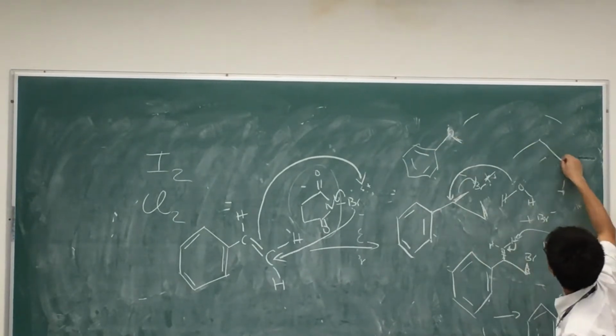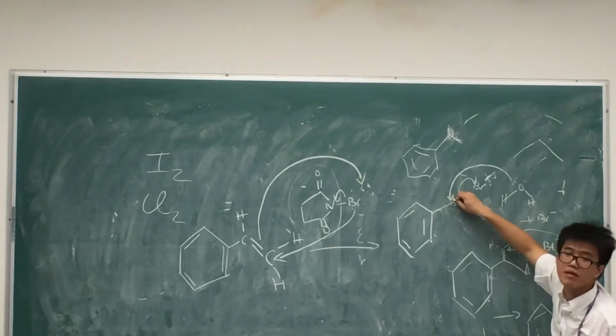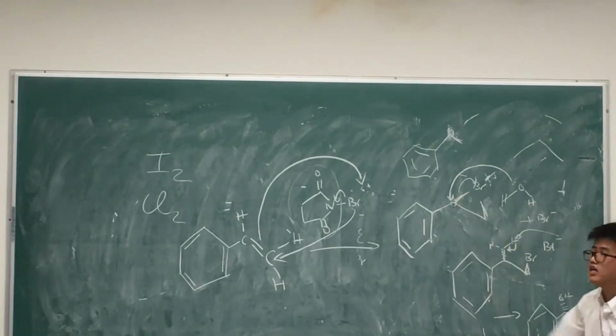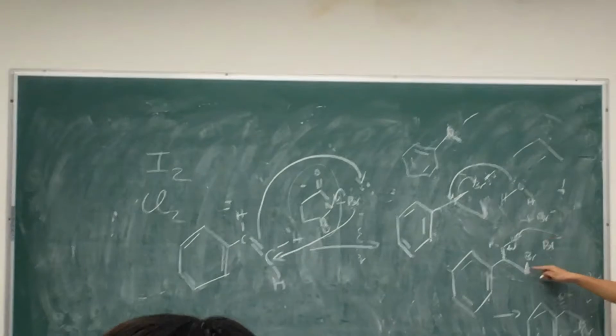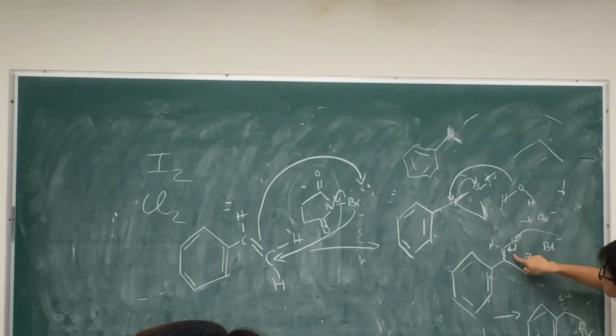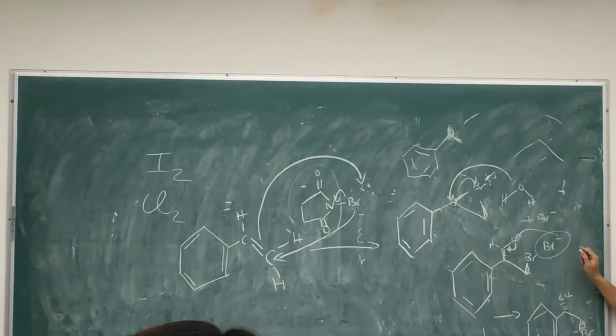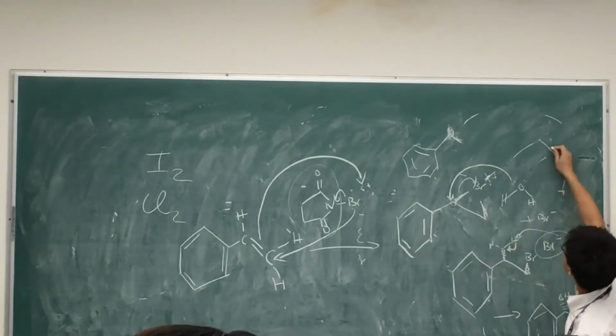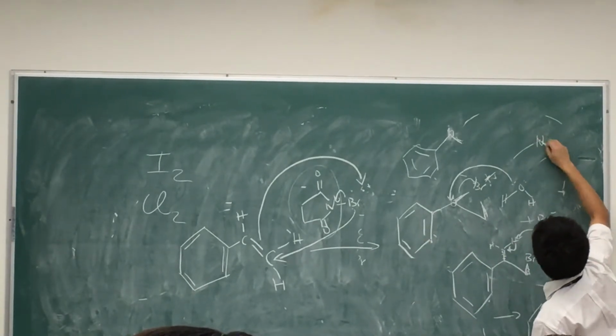So when you see this carbon attack there, really good, you have OH and OH plus, and again you can use Br as the base. Whatever you can use, the ring. Actually, that one is stronger.